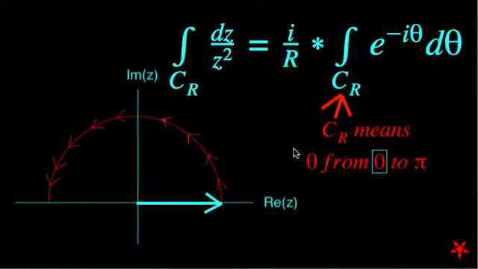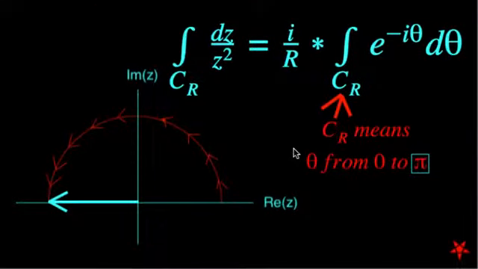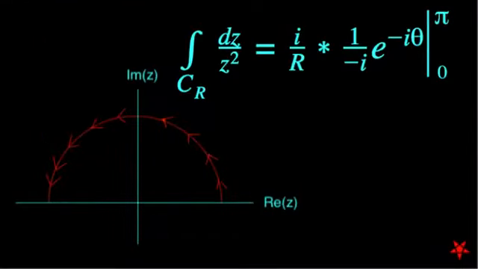C sub r begins at theta equal to 0, and it ends at theta equal to pi. Thus, we evaluate the antiderivative from 0 to pi.